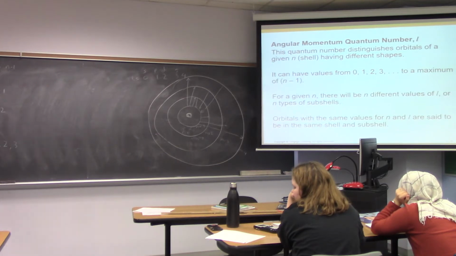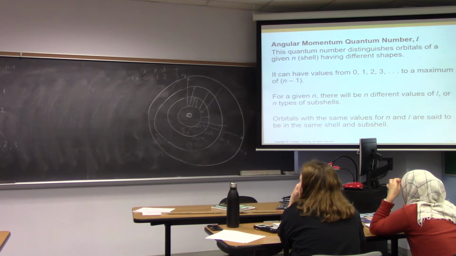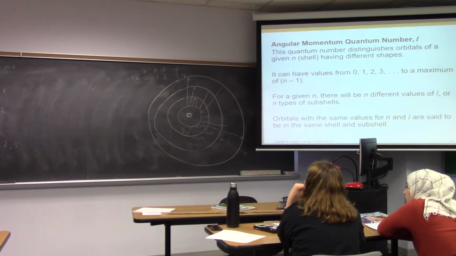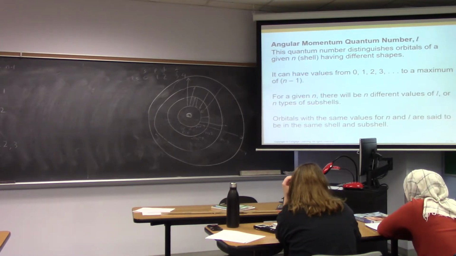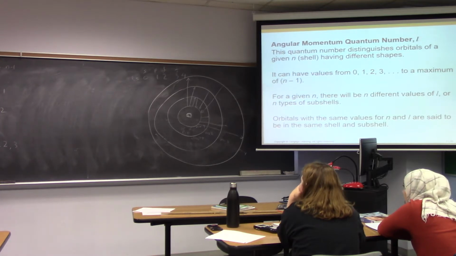Look at this: the first level in the periodic table has only the s orbital, because the l value is only 0. So the only permitted orbital is the s orbital. How about the next one?